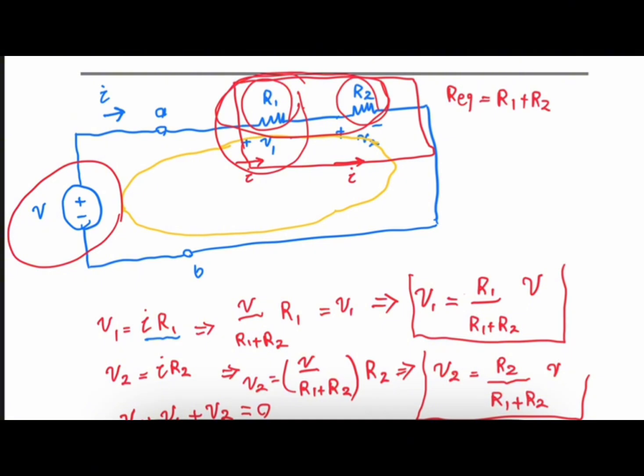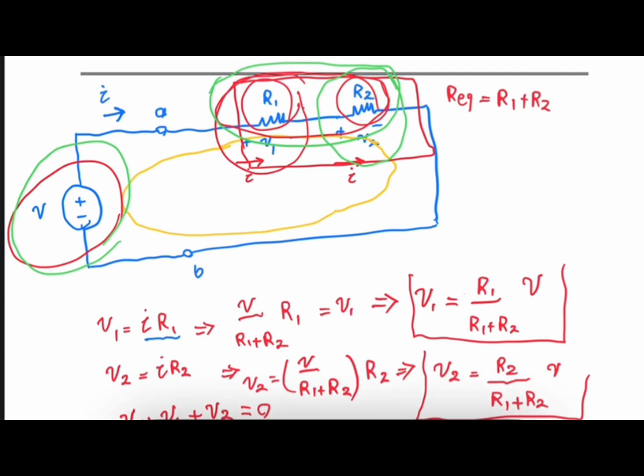Or to find the voltage across the second resistor R2, V2 is the ratio of R2 over the sum R1 plus R2 times the voltage source.